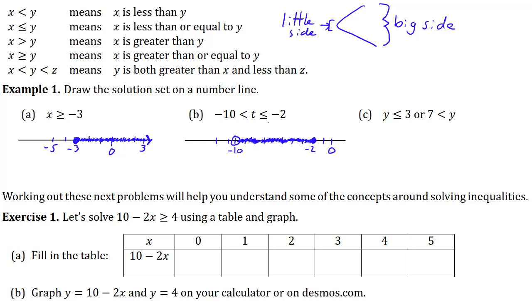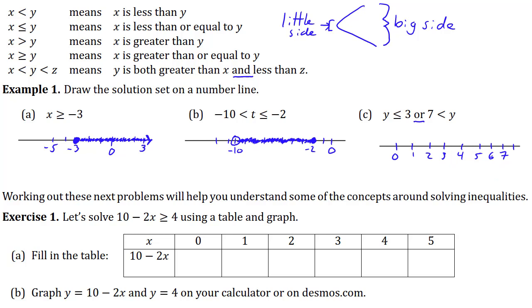This is a little different. It says or here instead of and, like with this in-between notation. When you say y is less than 3 or y is greater than 7, or you could say 7 is less than y, it means the same thing. So 1, 2, 3 is right here.